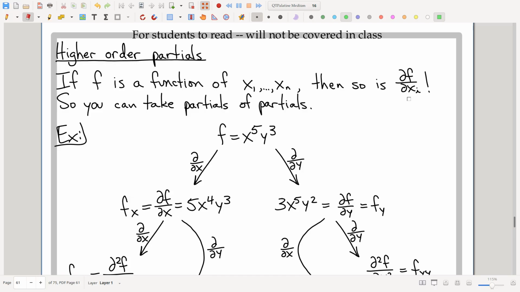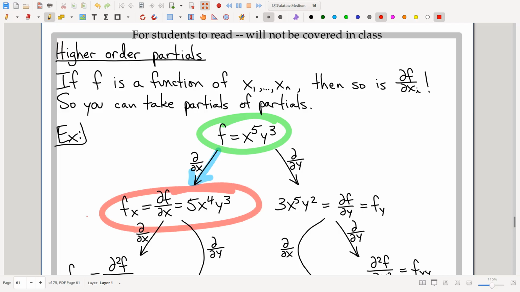That's all it is. So here, for example, here's a function, and I can take, let's say, the x partial of that, and the result is another function. And so we can talk about maybe taking an x partial of that. No big deal there.